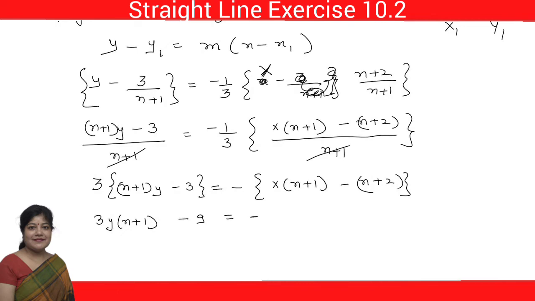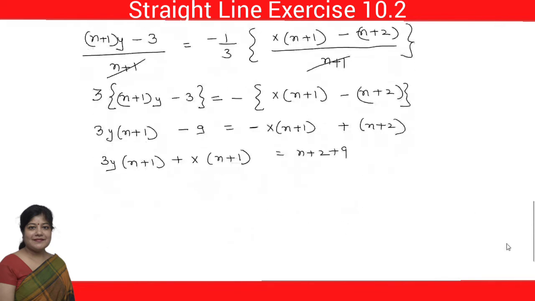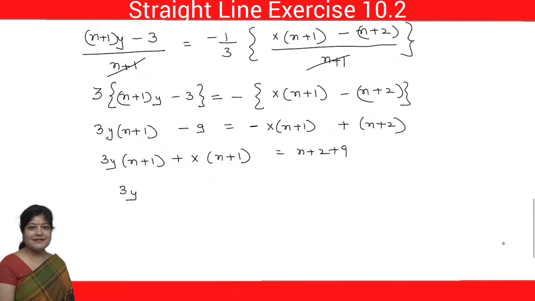Here we have minus x n plus 1 plus n plus 2. Now I bring it on this side: 3y n plus 1 plus x n plus 1, here n plus 2 plus 9. So it becomes 3y n plus 1 plus x n plus 1 is equal to n plus 11. This is our answer.